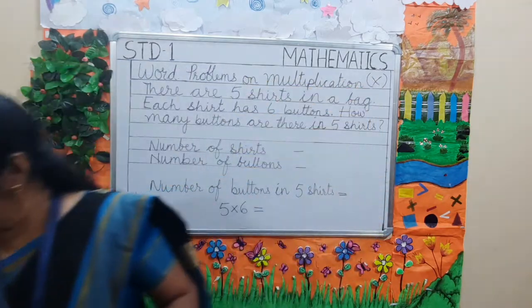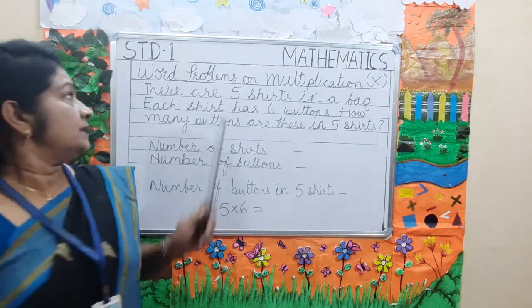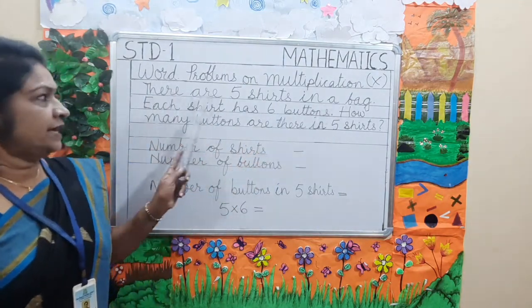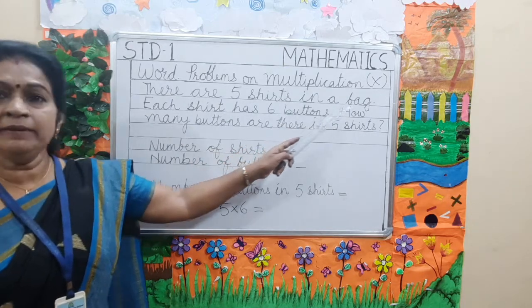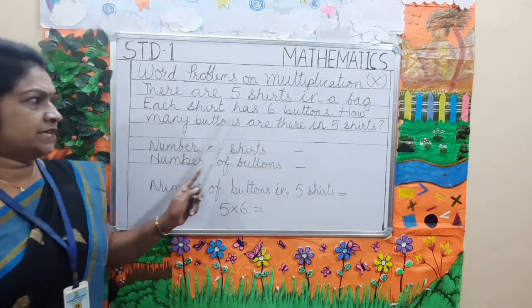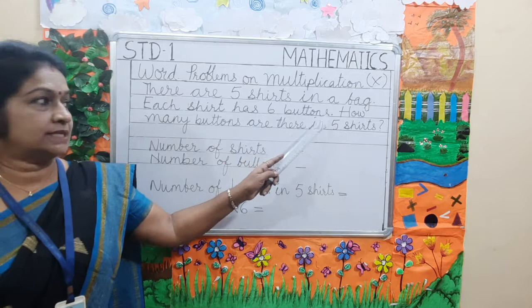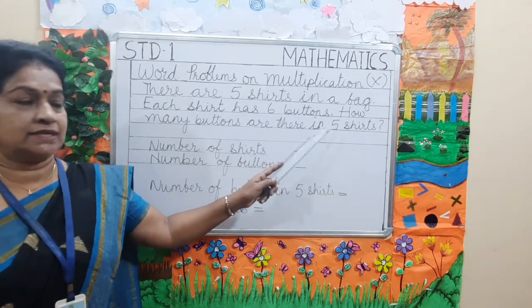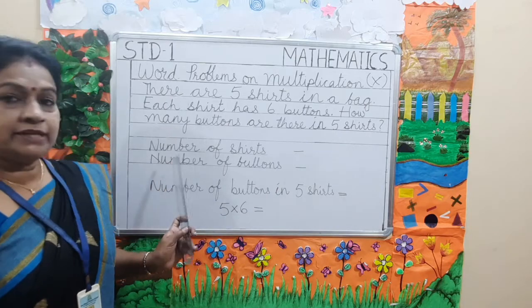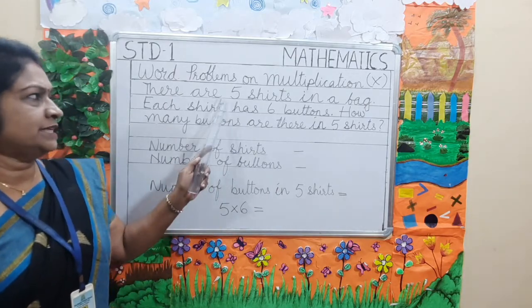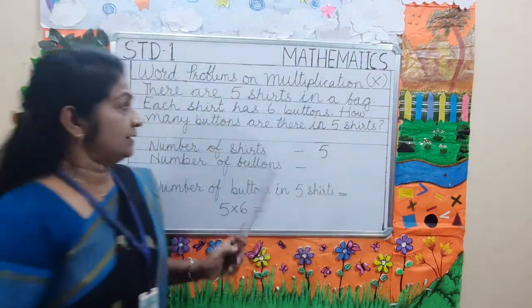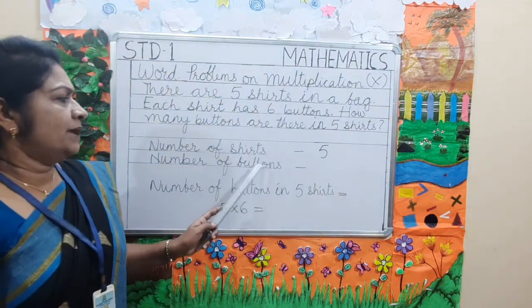So the same thing is written on the board. The word problem on multiplication. There are 5 shirts in a bag. Each shirt has 6 buttons. So how many buttons are there in 5 shirts? The statements are number of shirts. How many shirts are there? 5. Now number of buttons.